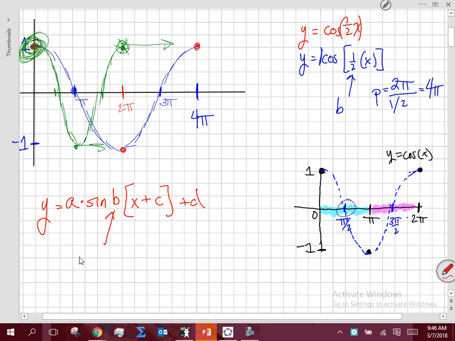That b value, if b is greater than 1, it's a horizontal compression. If b is between 0 and 1, it's a horizontal stretch.